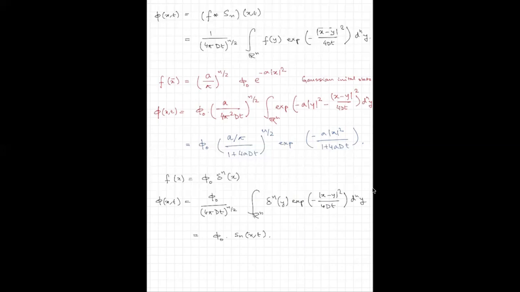This is done immediately. So even if these terms are exponentially suppressed, there is something that is there throughout all of space. So that's a very striking thing.